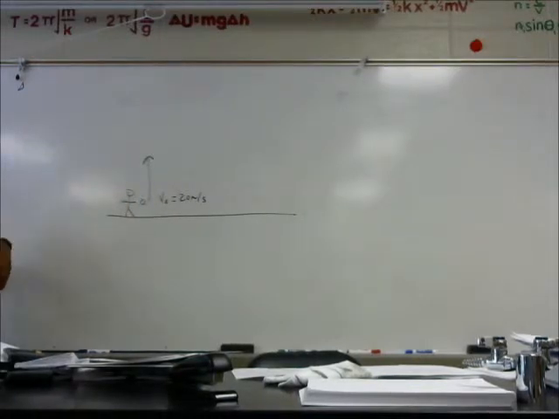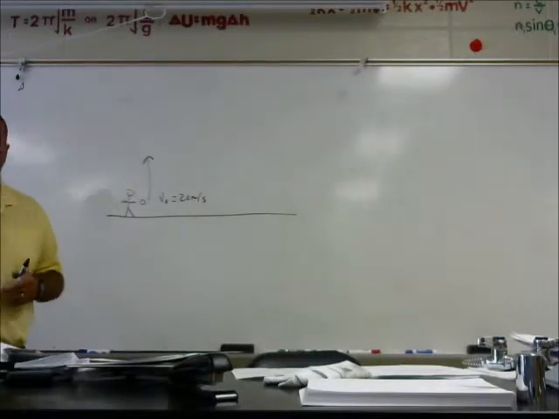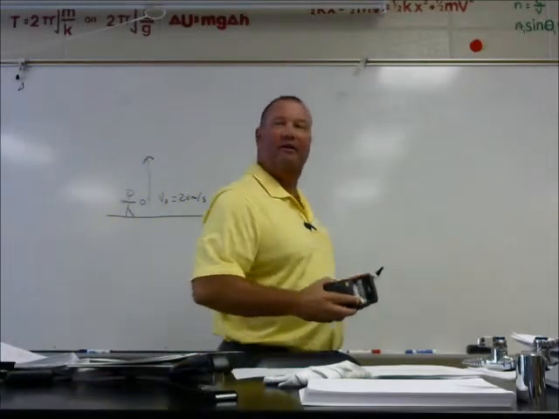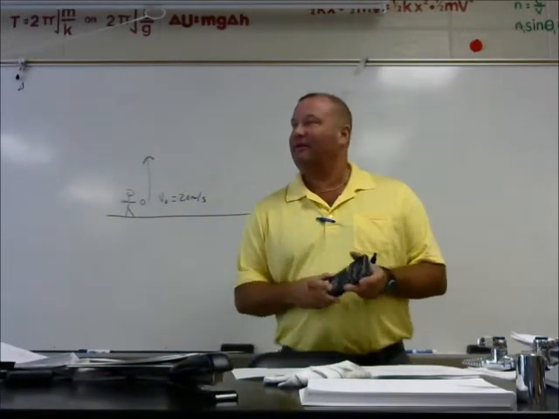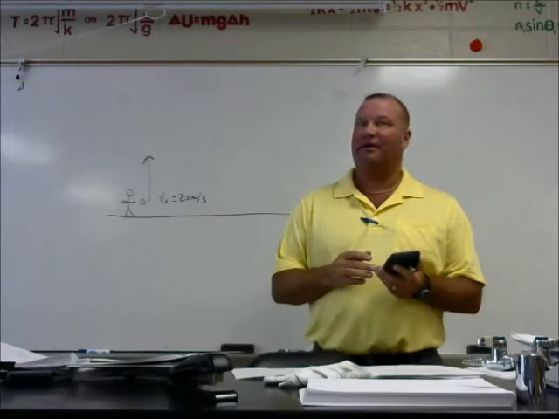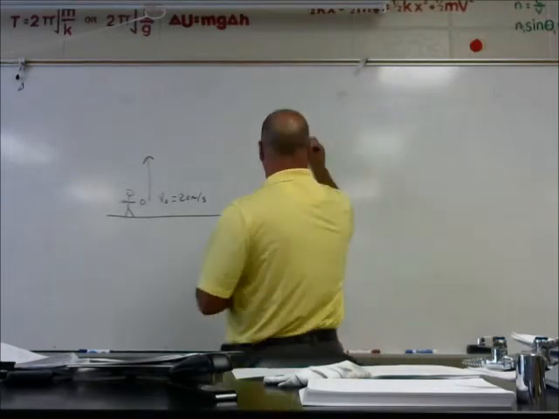Is that a reasonable velocity to have, to throw something into the air? It's not reasonable? A machine to throw it that. Do we know how fast that is? Anybody? Can we figure it out?